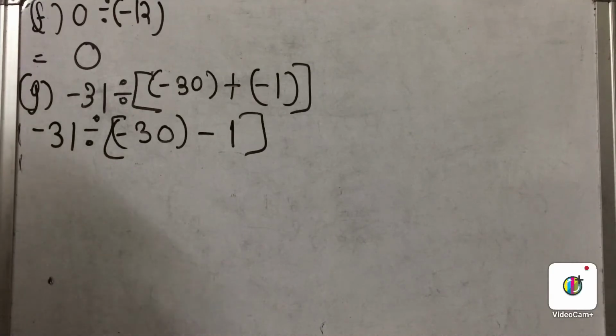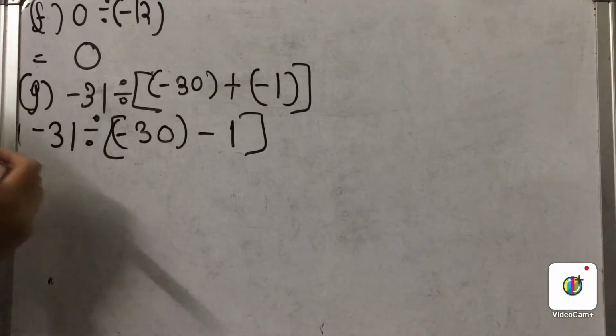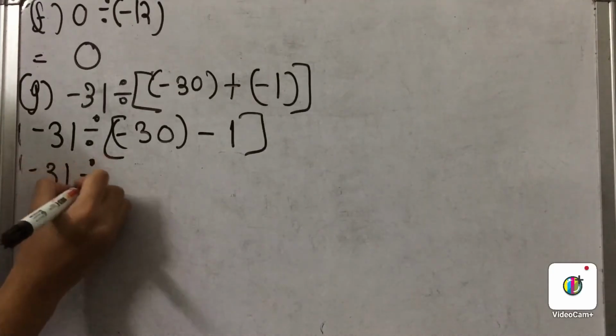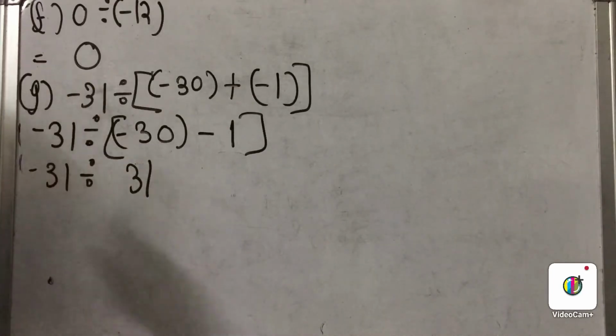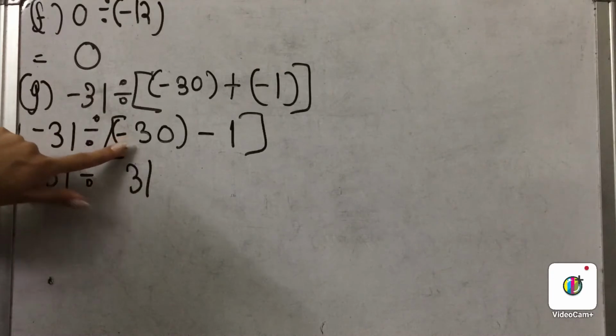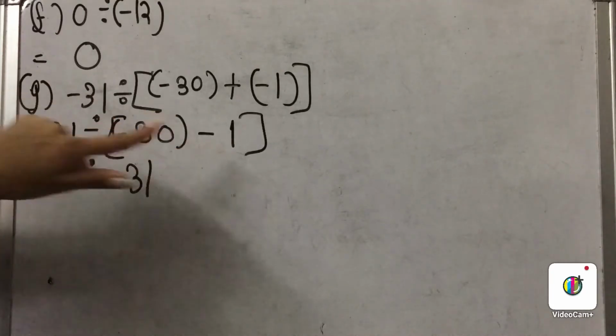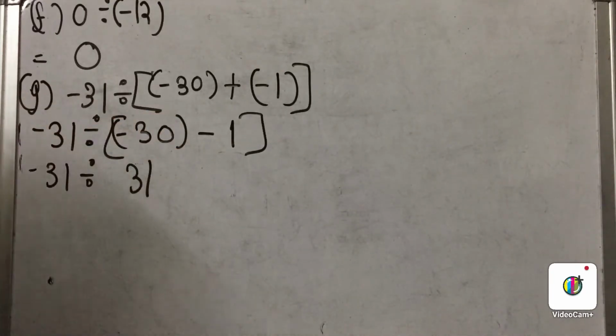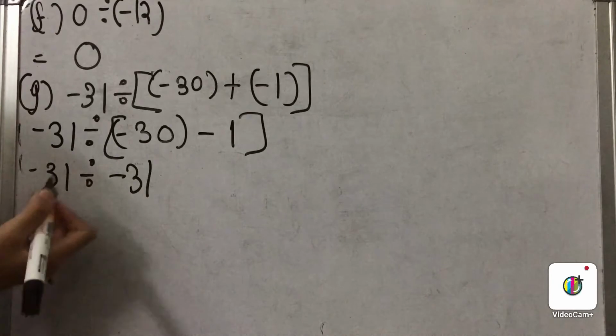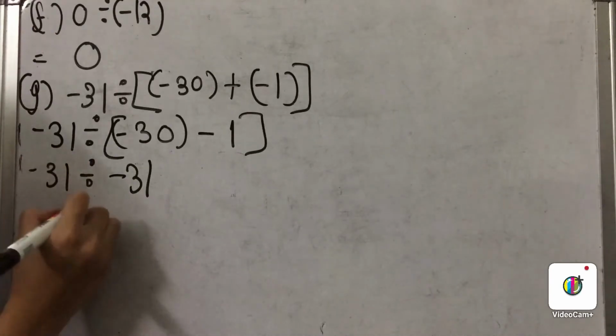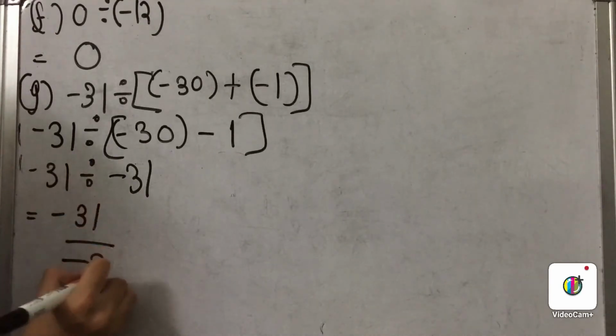30 plus 1 is 31. So we will write it as 31. And minus or plus? Which one is bigger, 1 or 30? 30 is bigger and the sign in front of 30 is minus. So this will be minus 31. And now let us divide 31 from 31. We will simply write here minus 31 and minus 31.